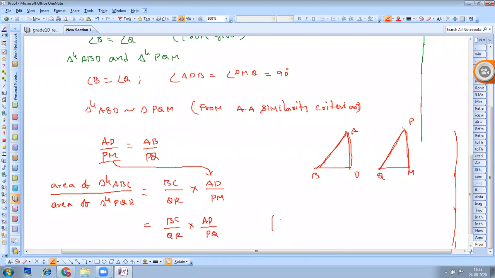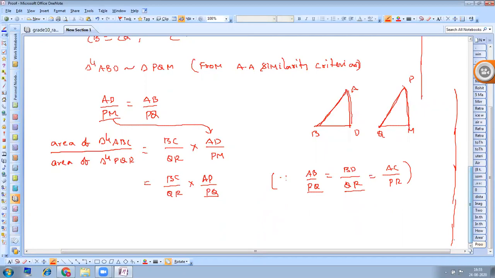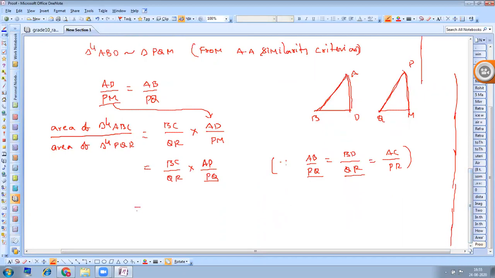We already know AB by PQ will be equal to BC by QR will be equal to AC by PR. So AB by PQ I can replace with BC by QR, or BC by QR I can replace with AB by PQ, or both the things I can replace with AC by PR.